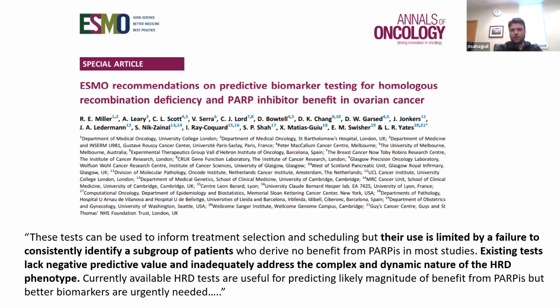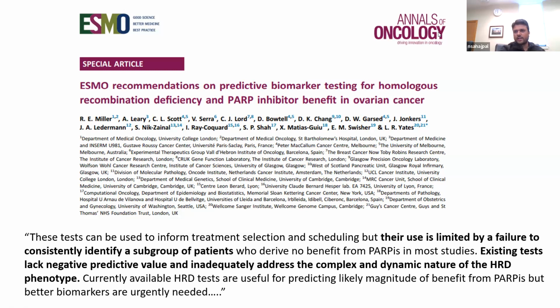And even if we talk about ovarian, breast, prostate cancers, this is a recent ESMO recommendation. And if I can highlight just the abstract here, what you can see here is the group saying that these tests, and when they talk about these tests, they are talking about chromosomal microarray or sequencing to pick up copy number changes, that their use is limited by failure to consistently identify a subgroup of patients, and they lack a negative predictive value.